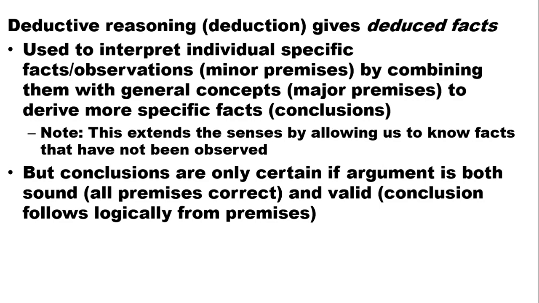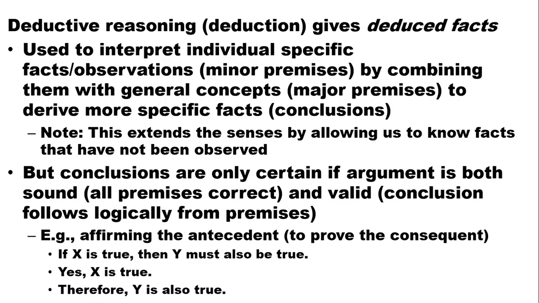However, we also saw that there's a problem with deductive reasoning, and that is that conclusions are only certain if the deductive argument is both sound, meaning that all the premises are correct, but also valid, meaning that the argument is arranged in such a way that the conclusion follows logically from the premises. For example, we talked about the idea that affirming the antecedent in order to prove the consequent is valid.